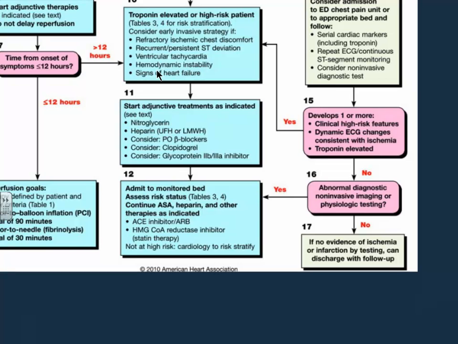If you've got a chest pain patient, you definitely want to get a gold top tube of blood because the gold top gives you your troponin levels. What are troponin levels? They're cardiac enzymes that are released by the myocytes, the myocardial cells, when they are injured.